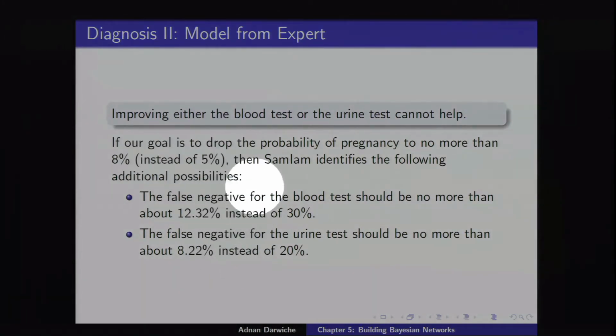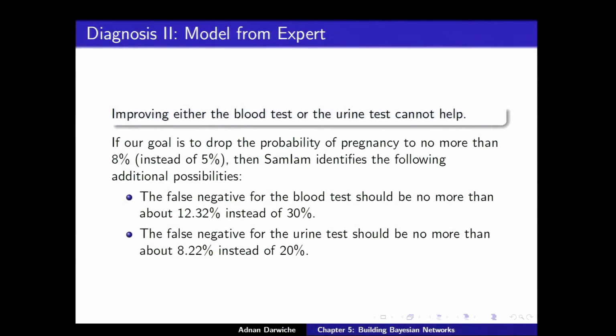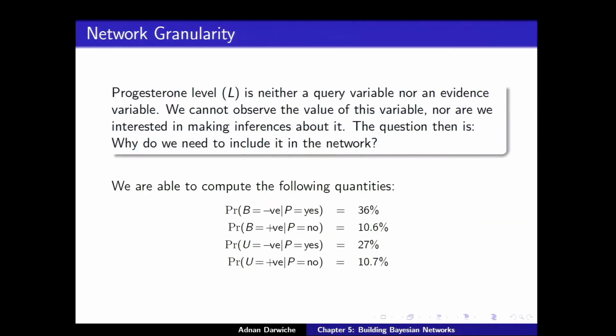They become relevant. And you get 2 recommendations in that particular case. So buying better tests can help you in dropping the probability below 8%, but not 5%. It's actually pretty interesting. You can do many other things with this, but let's move on.